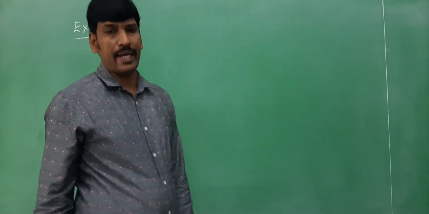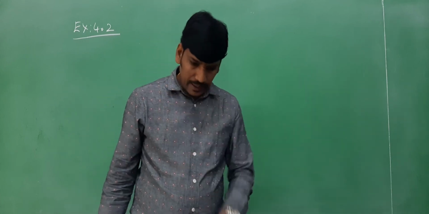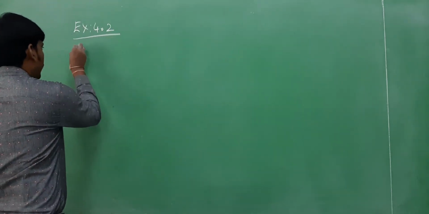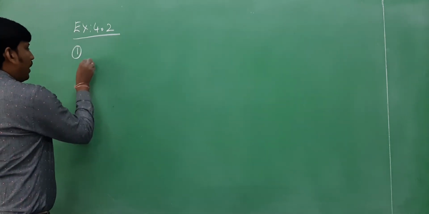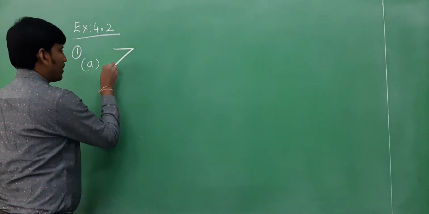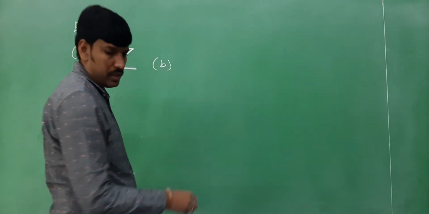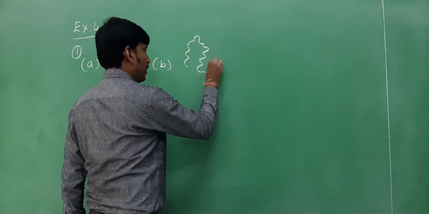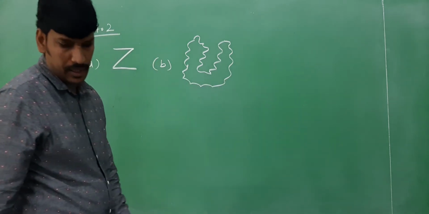Children, let us discuss exercise 4.2. Classify the following curves as open and closed. Question number 1. Here they have given 5 pictures. A1 is normal Z. B1 is clear like this.